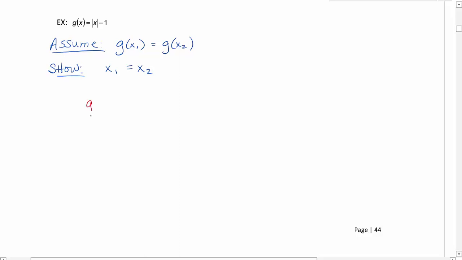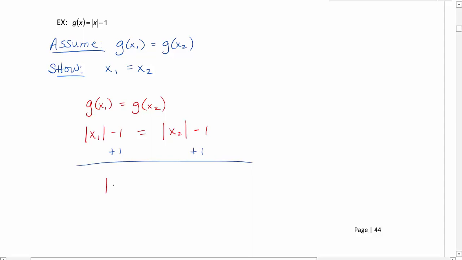Okay, let's start with g of x1 being equal to g of x2. Plugging that into our function, g of x equals the absolute value of x minus 1, that gives us the absolute value of x1 minus 1 equals the absolute value of x2 minus 1. I'm going to add 1 to both sides.